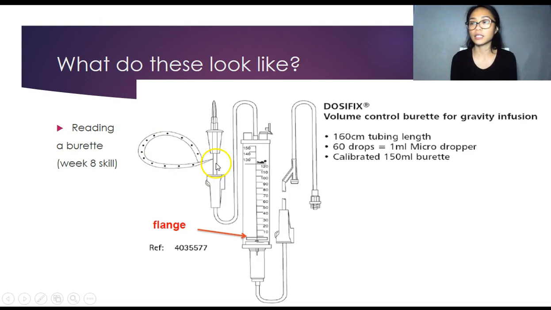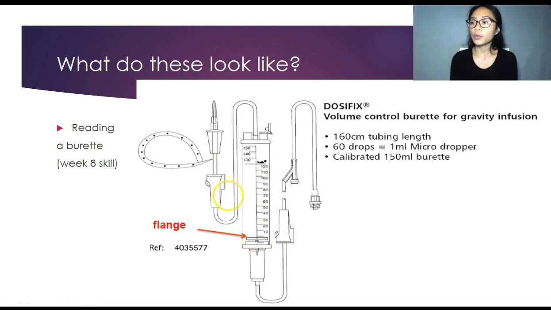It'll make much more sense once you see it in real life. Again, this presentation is just to help prepare you for the demonstration and then the subsequent practice. A roller clamp, the burette where we can inject medications in there.